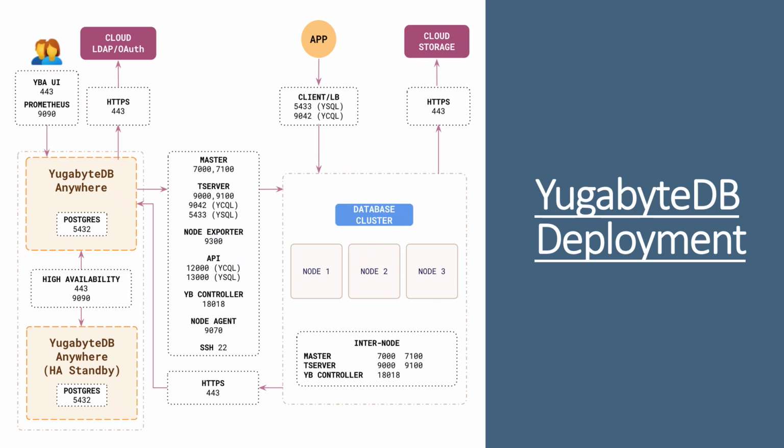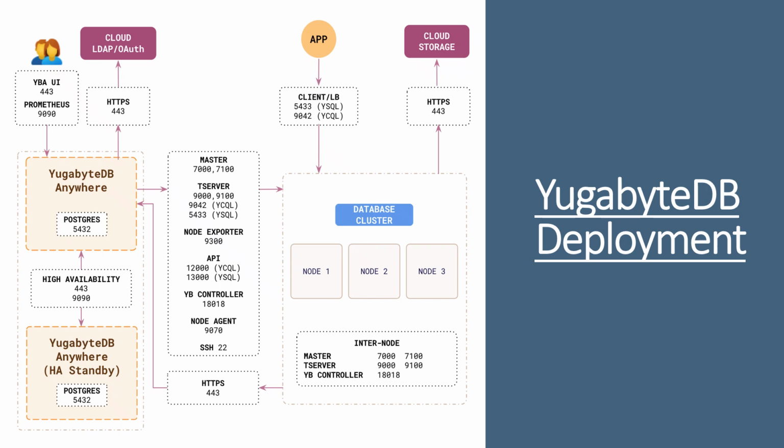So I hope this gives you a very high-level architecture diagram of how you would typically set up a cloud production environment. At a bare minimum, start with 3 nodes with 8 vCPU and 64 GB at least to begin with, and then 2 YBA controllers and all these ports, and then you can launch your installation on the YBA server.